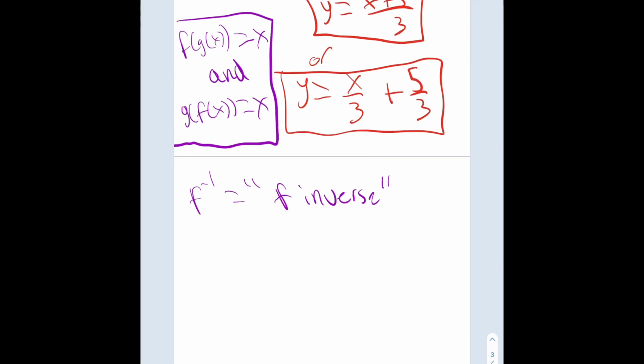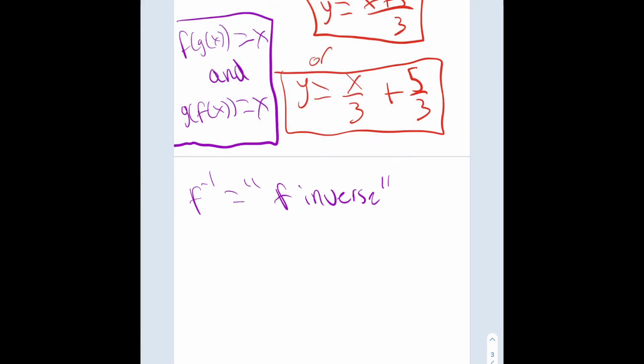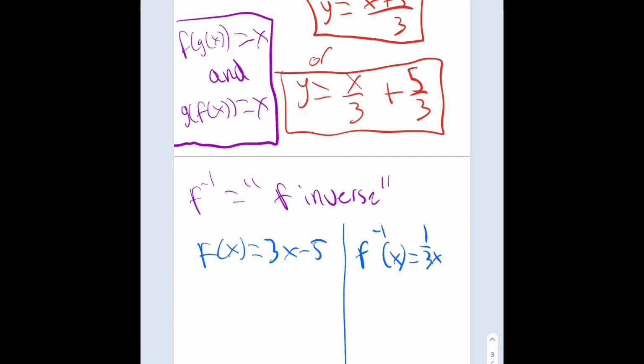So let's say that you have two different functions and you need to prove or show that they actually are inverses. So let's take our function f of x equals 3x minus 5, and then we'll take f inverse of x and call that 1/3 x plus 5/3.